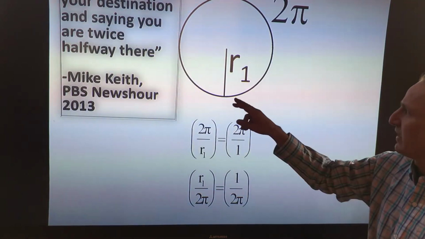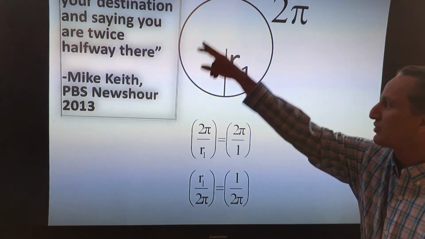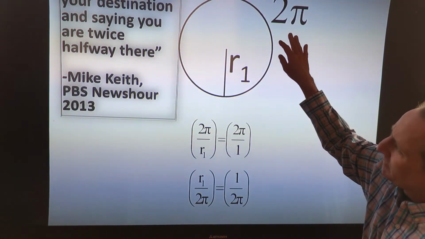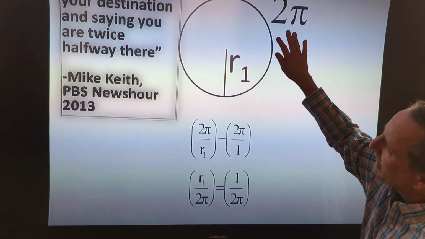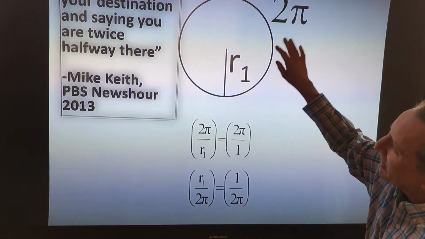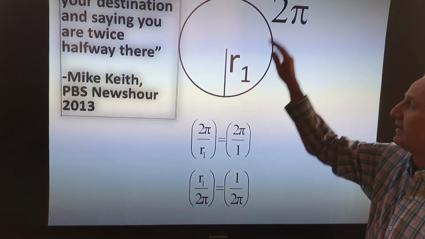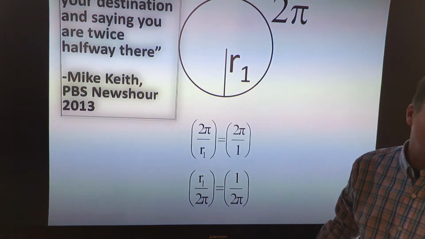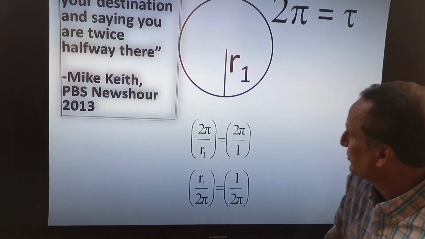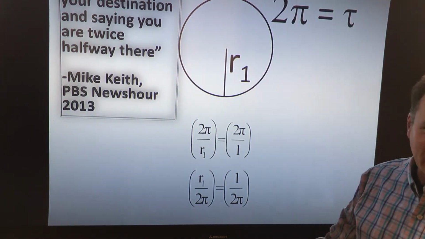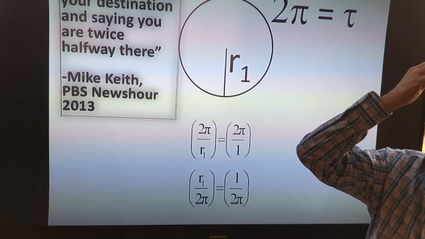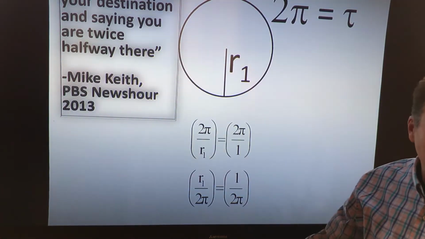And the fact that you have to name this circle as 2 pi's, this guy on PBS said one time, it's like reaching your destination and saying you're twice halfway there, because each pi is a half, so you're twice halfway there to get to the whole circle. That doesn't make any sense, because the unit definition of pi is just half a circle.